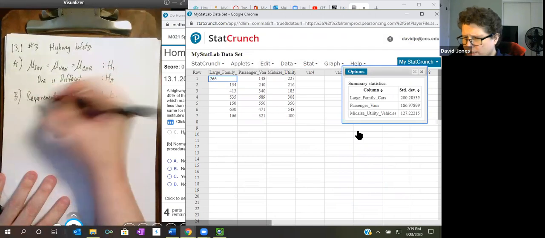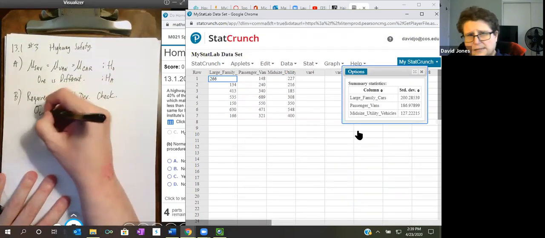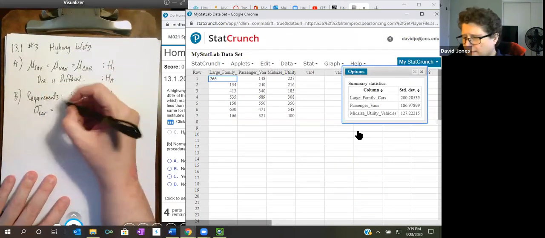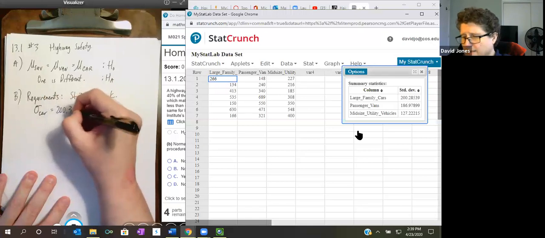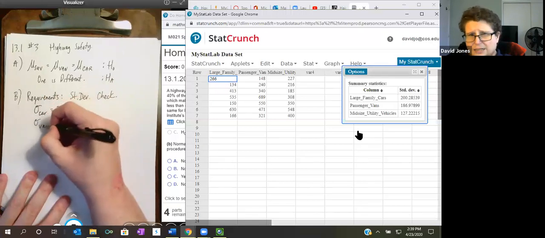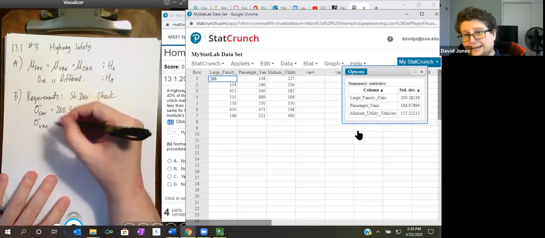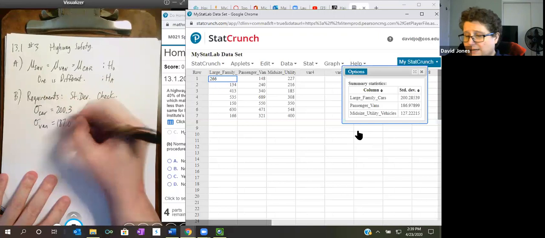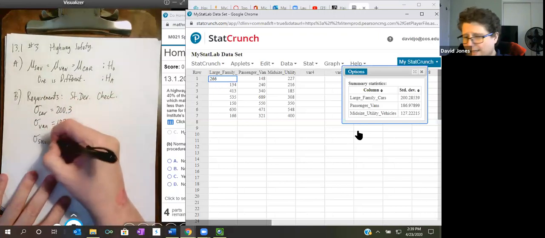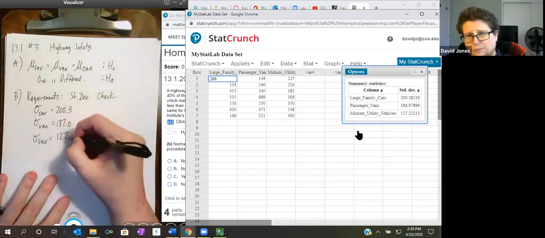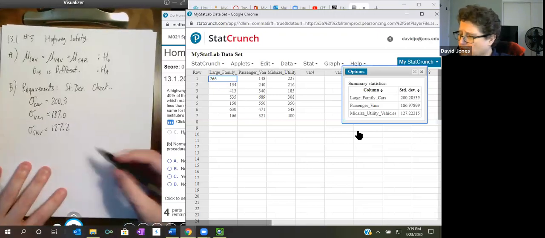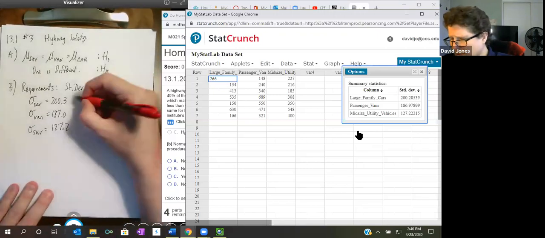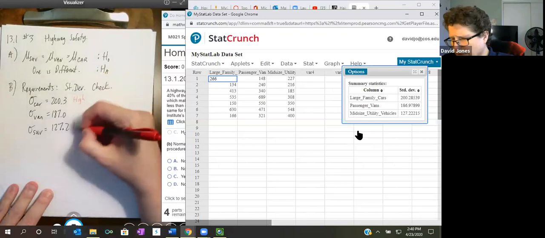So the cars is 200.3. The van is 186.97, which is 187. And the SUV is 127.2. So here's my highest one. Here's my lowest.